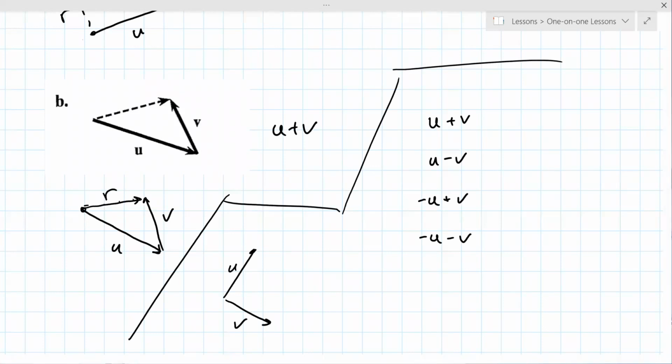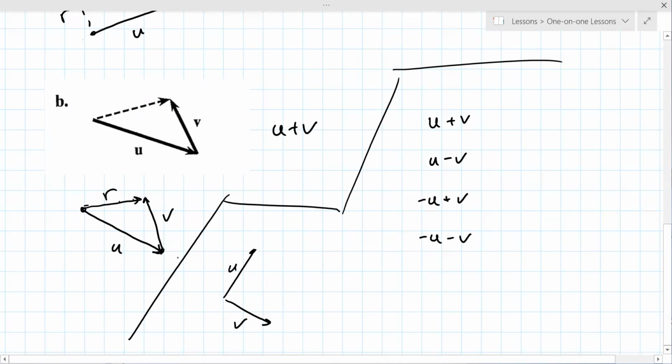But it is the idea that you're going to have to draw on the exam. It's very likely you're going to have to draw some combination of vectors. These are linear combinations of vectors, and you always add the next one to where this one ends, so you start there.